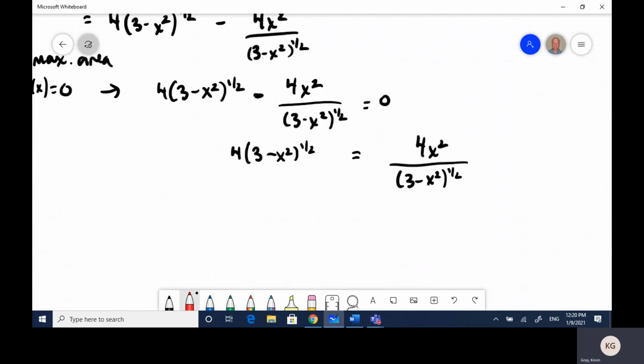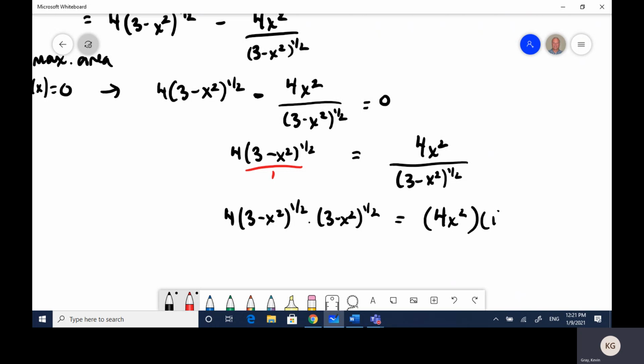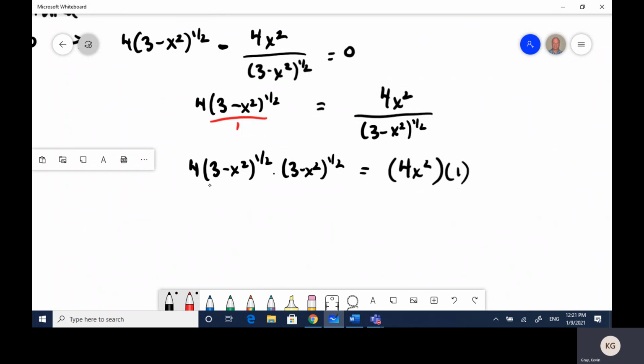Now I can cross multiply, right? Okay, so if I cross multiply, I'm going to have 4 times 3 minus x squared to the 1/2 times 3 minus x squared to the 1/2, and that's going to equal 4x squared, or 4x squared times 1 if you like, but we're going to drop that 1 in the next line here. Now look what happens on the left-hand side.